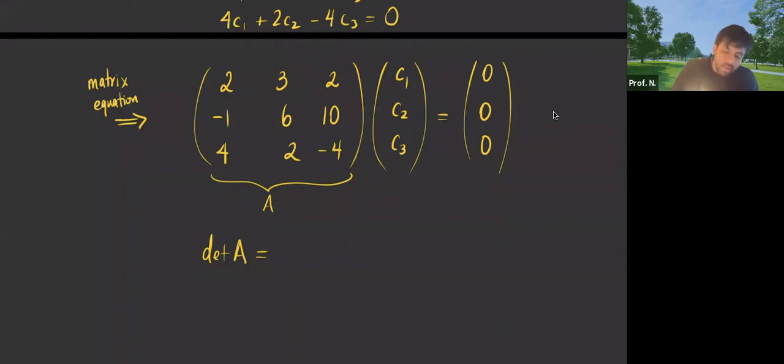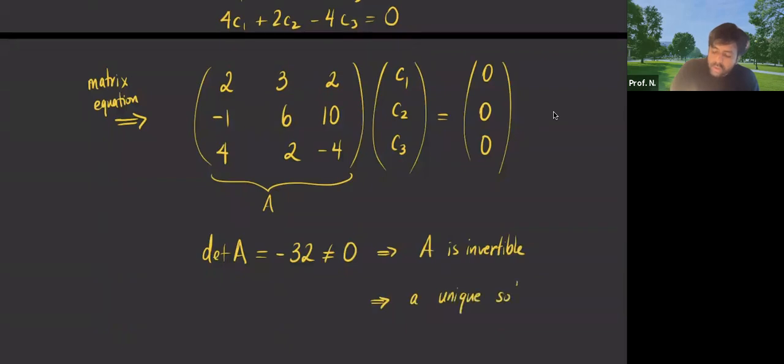And I get the determinant is negative 32, but I don't really care about the number. I just care about the fact that it's nonzero, which would indicate that A is what? A is invertible. If A is invertible in this matrix equation, then I know that a unique solution exists.